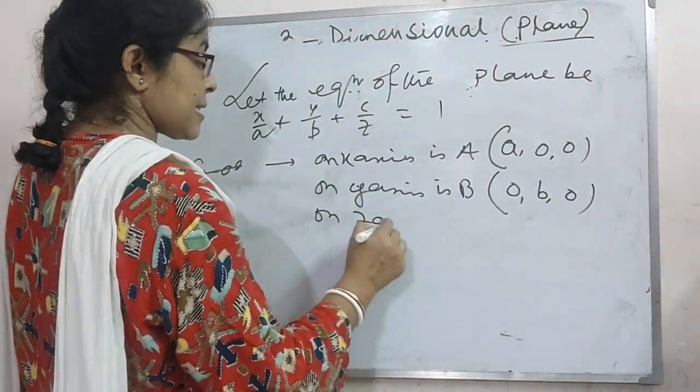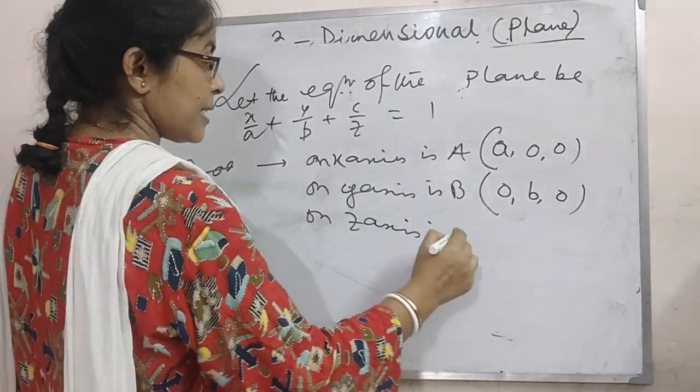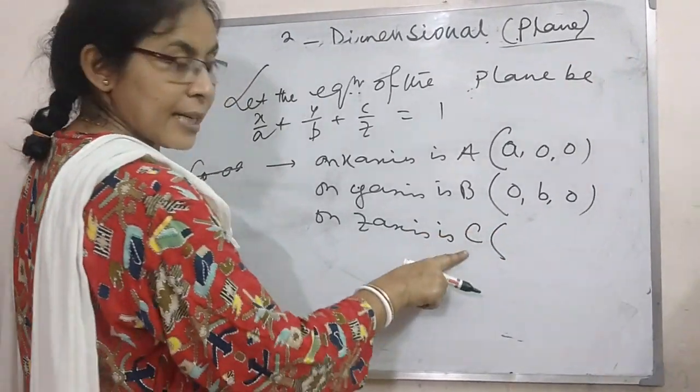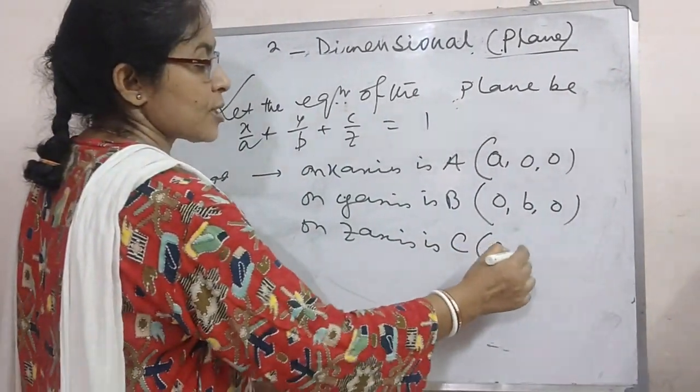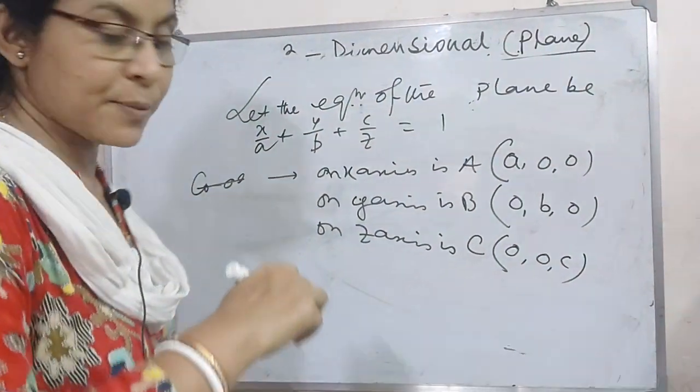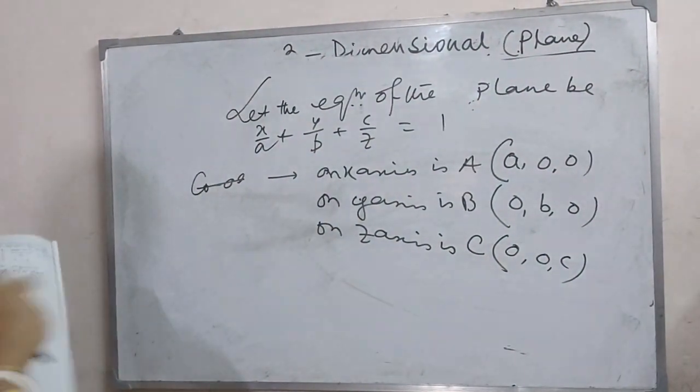On the z axis the intercept is c, whose coordinate is (0, 0, c) respectively.